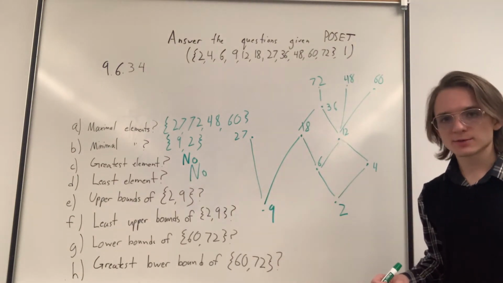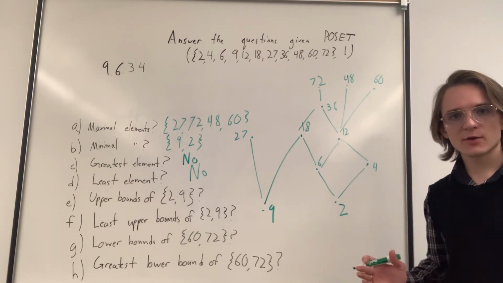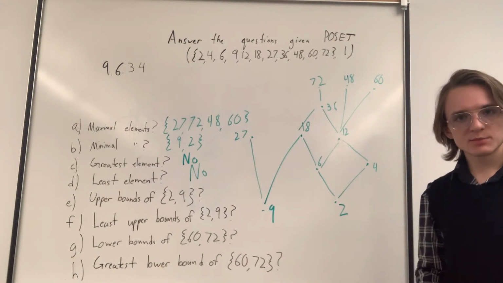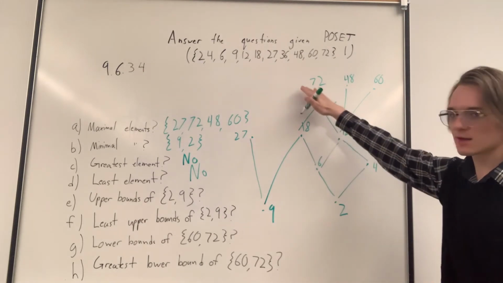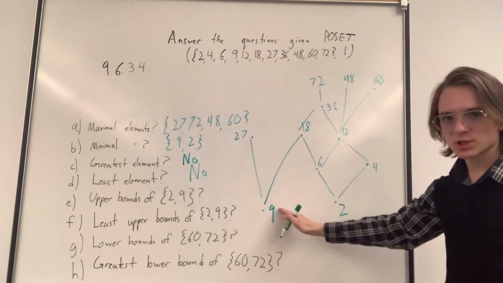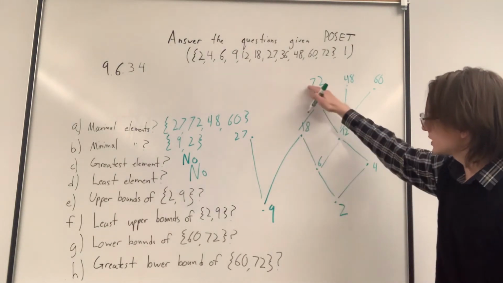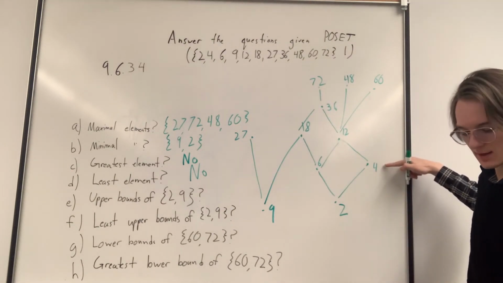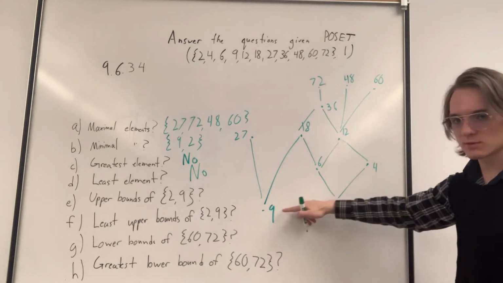Let's determine what are the upper bounds of 2 and 9. So these are simply the nodes that are above 2 and 9, which they both share. These are elements that are divisible by both 2 and 9. That would be 18, 36, and 72. We can see that because we have to go down to reach a 9 through any one of these, and we have to go down to reach 2 from any one of these. 4 would not be an upper bound, because although 4 is divisible by 2, 4 is not divisible by 9.